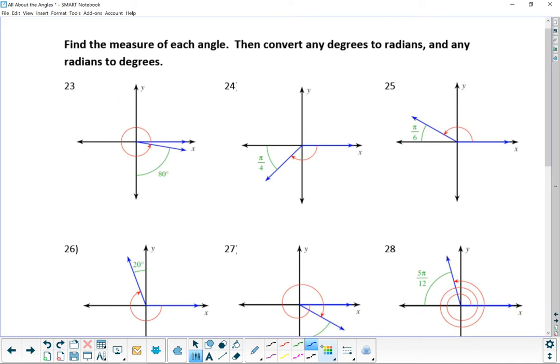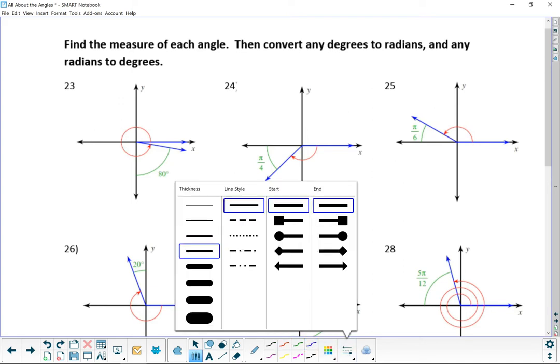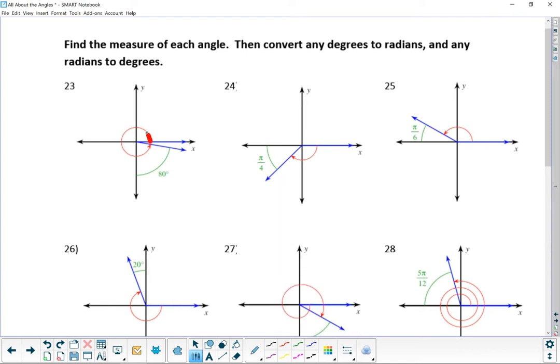And then I'm going to go ahead and retrace this and do it in a little thicker line. So it looks like I've got 90, 180, 270. And then it looks like this is telling me that it's 80 degrees. So 270 plus 80.